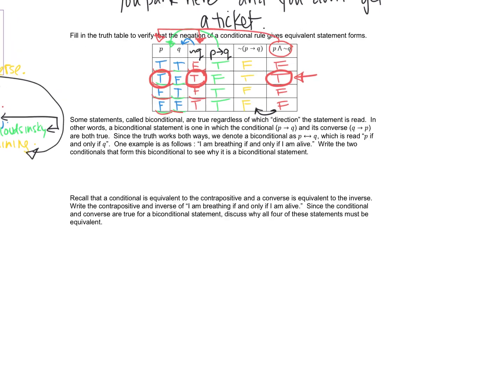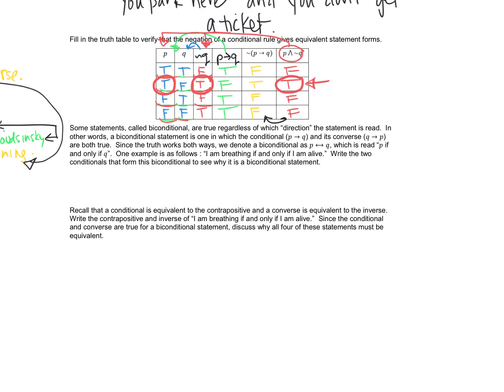So there are statements called biconditionals. They are true regardless of which direction, because we've kind of been putting the arrow forward. A biconditional is really when a conditional and its converse are both true. Since the truth works both ways, we denote it with that double-sided arrow, which is read P if and only if Q. An example would be: I'm breathing if and only if I am alive.